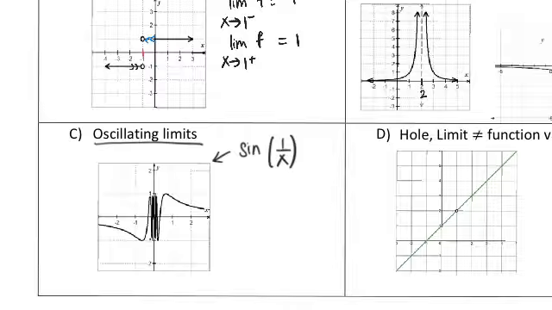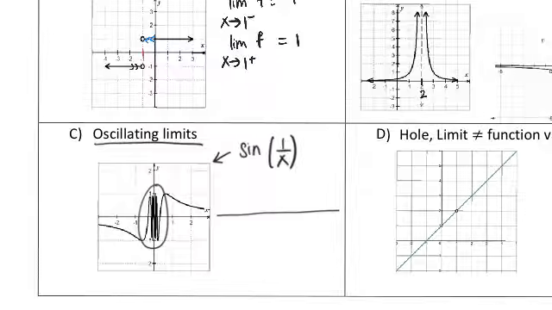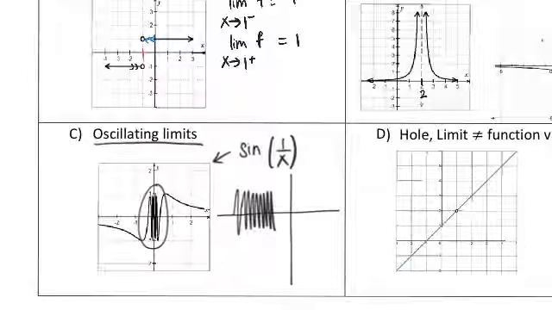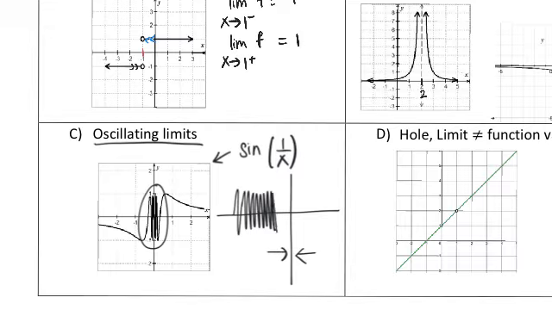If you were to zoom into here, what you would find in this function is that the graph is oscillating faster and faster and faster between -1 and 1, right? And as you get closer and closer to the y-axis from either side, these oscillations just get more and more quick, right? And they just never end. And that's called an oscillating limit.